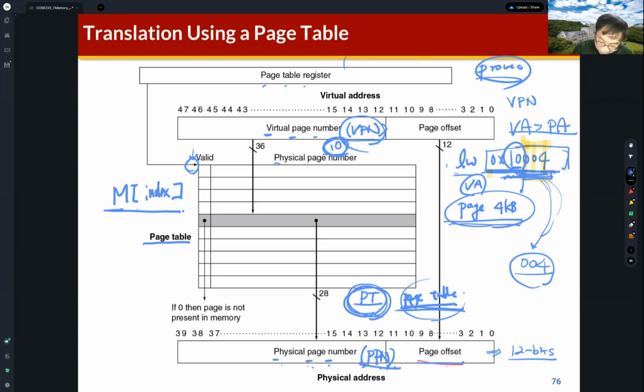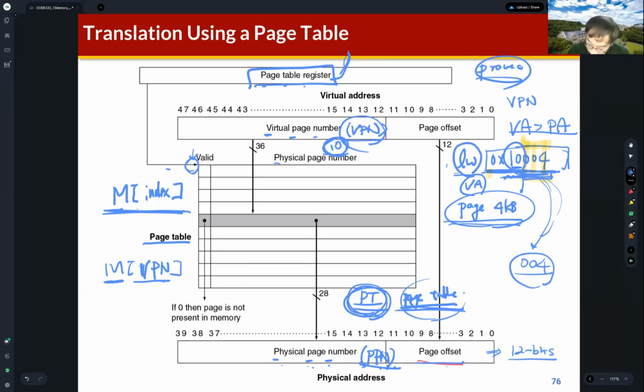The page table looks like an array, and this array is indexed by the virtual page number. The pointer to the start of this page table is stored in the page table register.